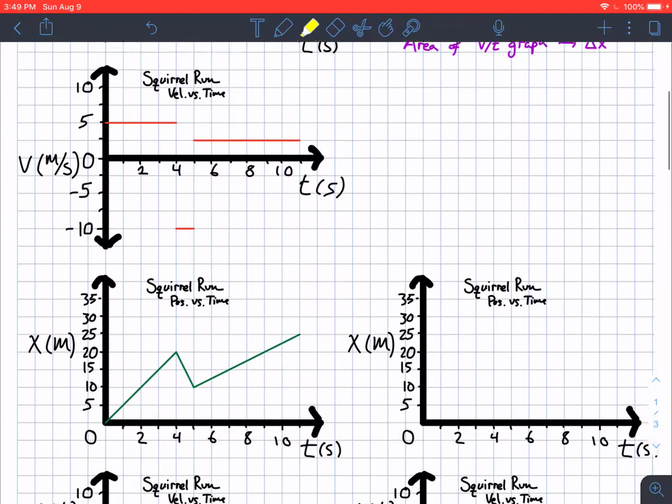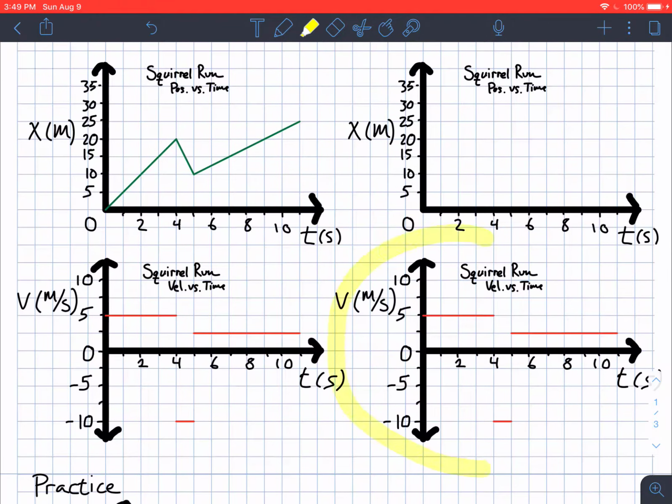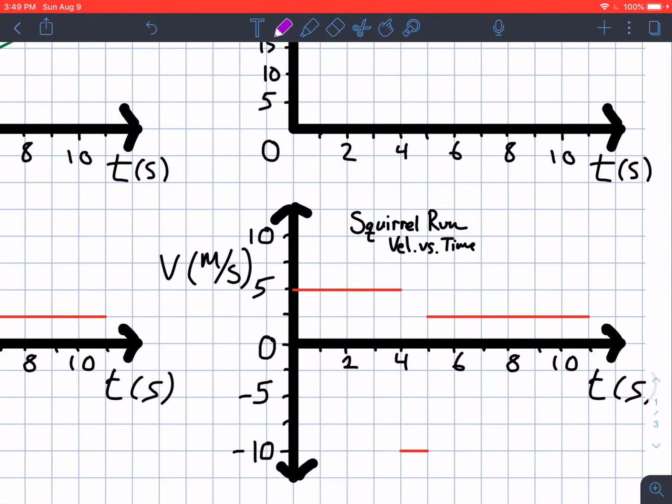It's promising. So, again, same velocity graph right here as we had before. I've got myself a blank position graph. We're going to see if we can create the same position graph. So we're going to look here and figure out what is the area of this graph.